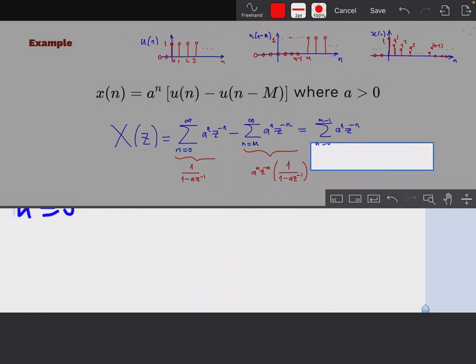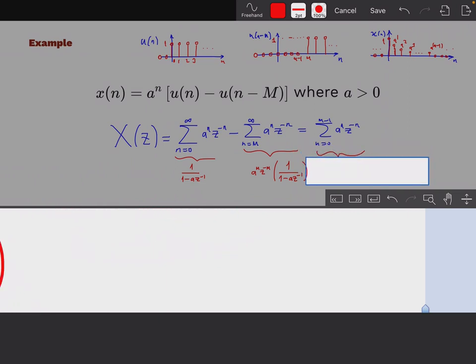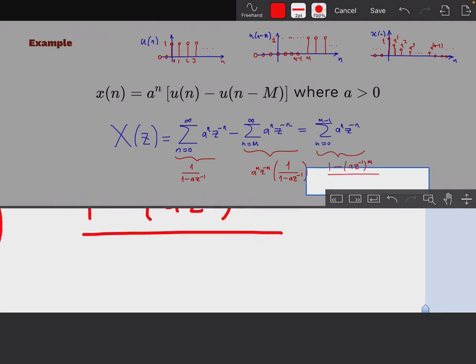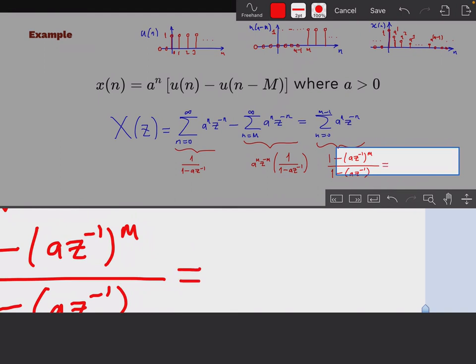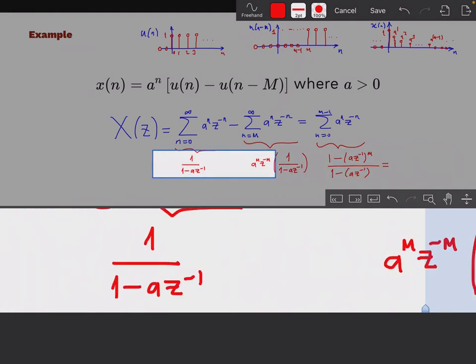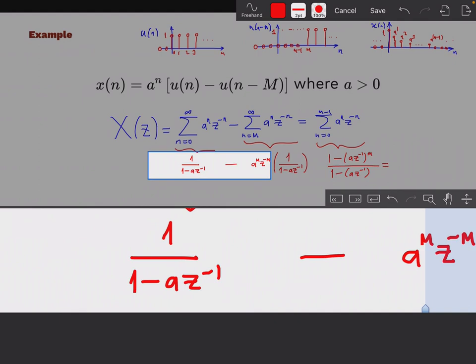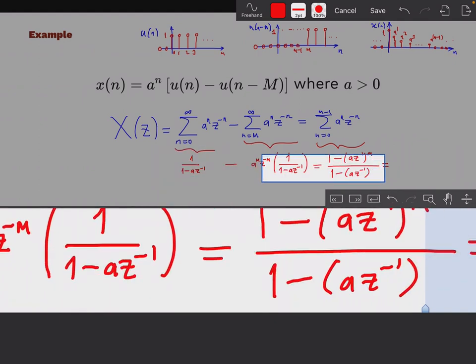And finally, the third term, that is what we're after, has a form 1 minus a z to the power minus 1 to the power m over 1 minus a z to the power minus 1. Or equivalently, let's just put an equals sign here.